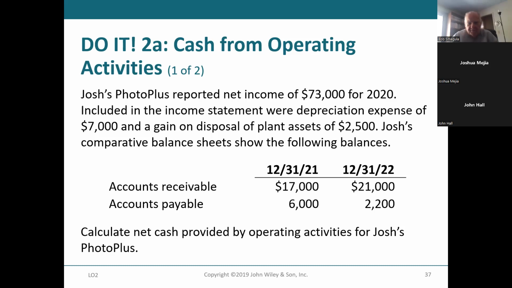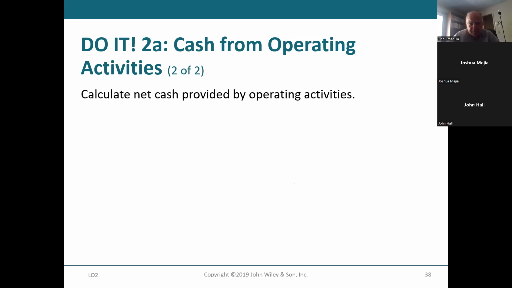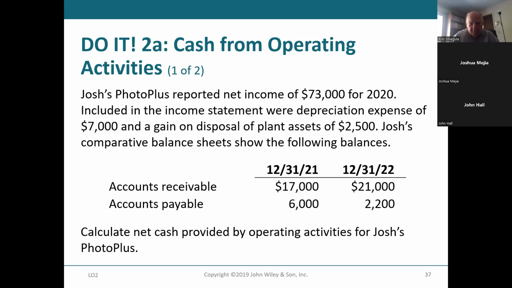We add the depreciation, and we subtract the gain. So the answer would be 80 minus 2, 77,500 if we did that. Making some sense, John, so far? Yes, it is. It's a tricky little chapter here.